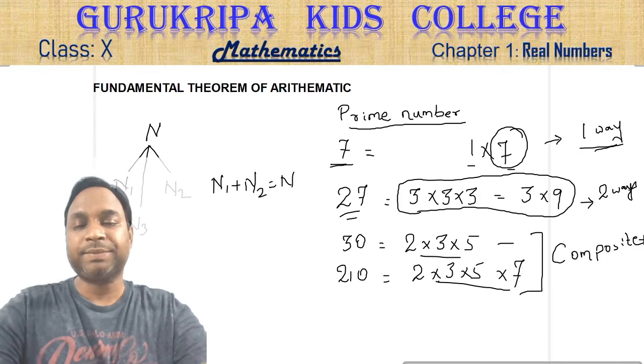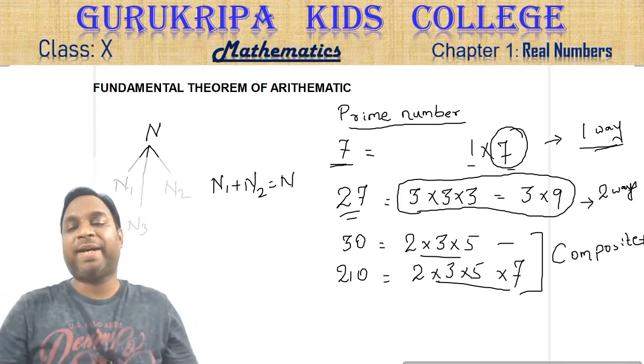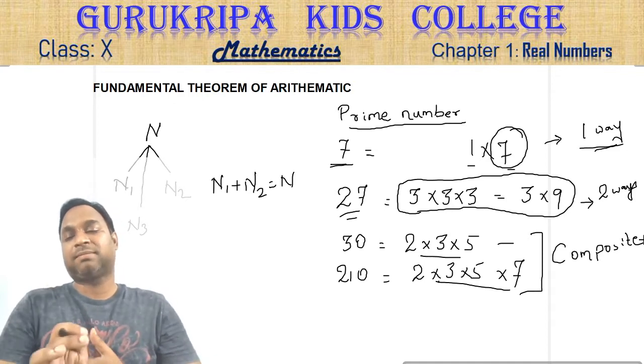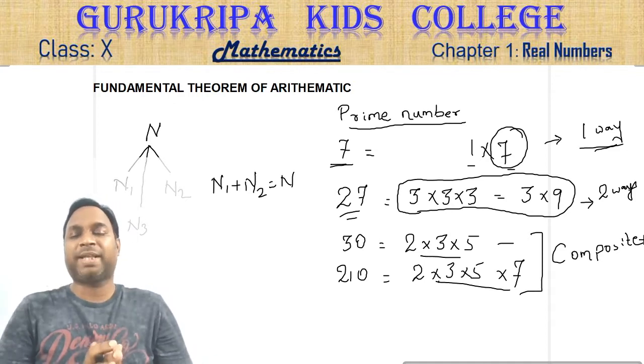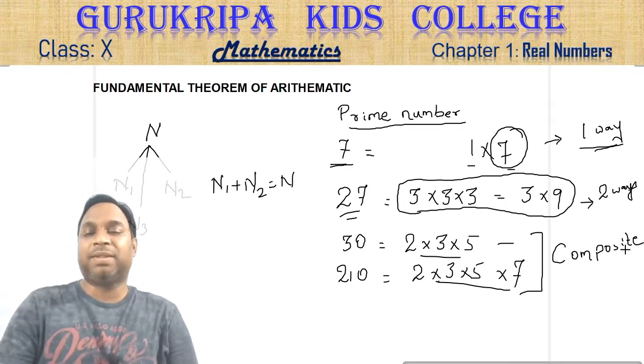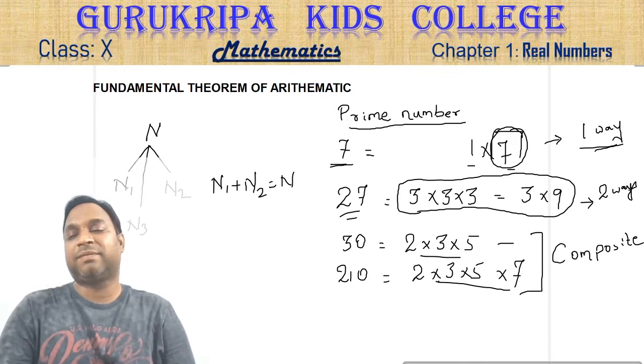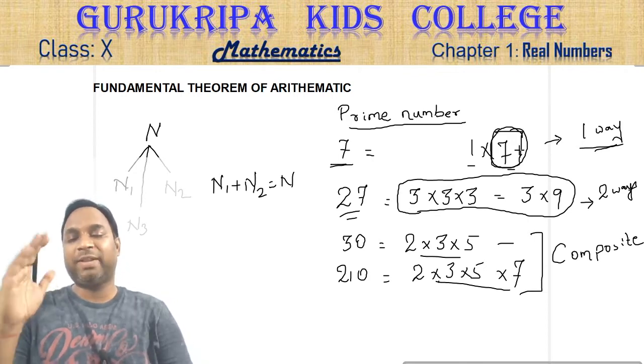Okay? So, is there any other possibility if we classify the numbers as prime and composite? Let's try to classify the numbers as prime and composite. A prime number will have the number itself. You cannot break it down. 7 will remain 7 itself.